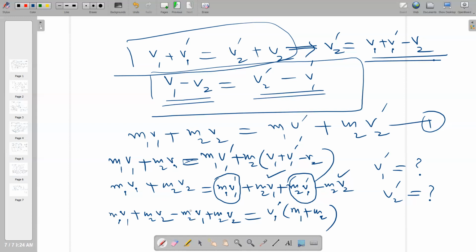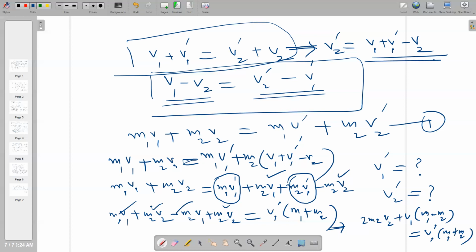I know m1 v1 and m2 v2, m2 v2, so my answer will be 2m2 v2. From this and this, I will take v1 common, and inside it will be m1 minus m2. And this is equal to v1 dash into m1 plus m2.